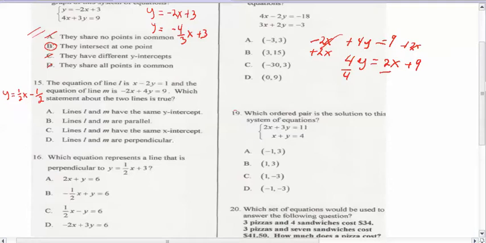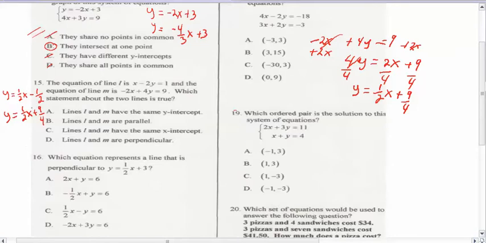Divide by 4, divide by 4, divide by 4. y is equal to 2 over 4, which is 1/2 x plus 9 over 4. And I'm just going to leave it like that. So now I have y is equal to 1/2 x plus 9 over 4.